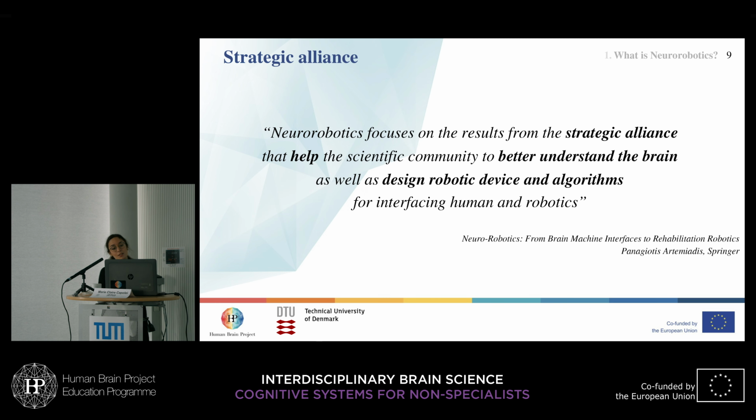So here is where neurorobotics is in action, because neurorobotics is a strategic alliance between different research fields such as neuroscience, artificial intelligence, computational neuroscience, robotics, and control, that altogether aim to help the scientific community to better understand the brain.